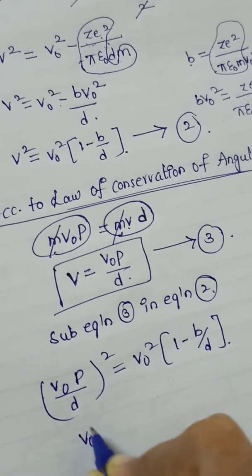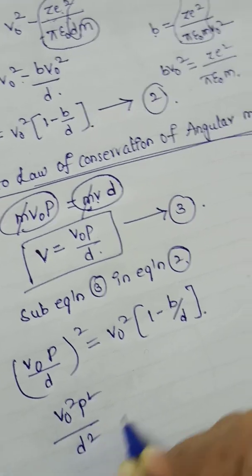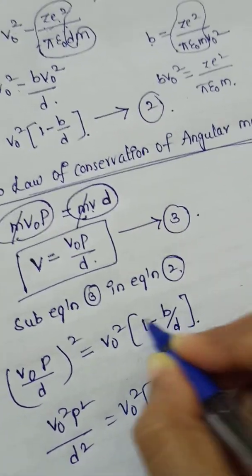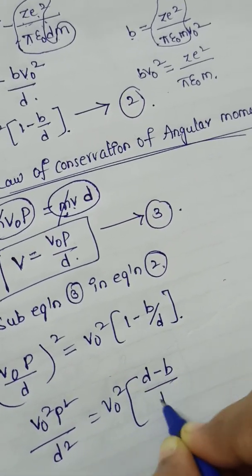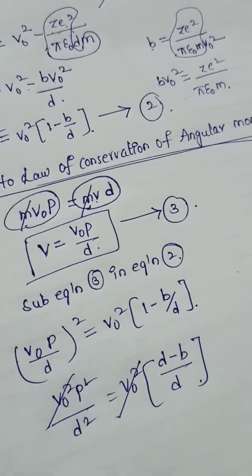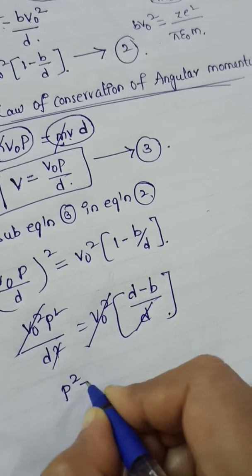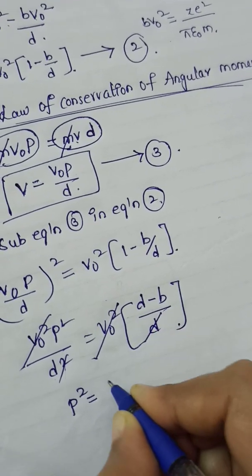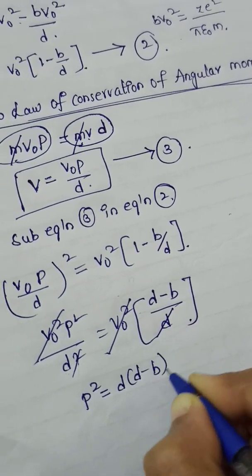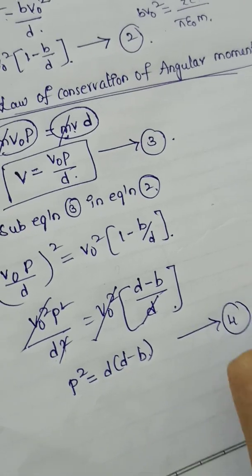Here v naught square p square by d square is equal to v naught square into d minus b by d. v naught square gets cancelled, d gets cancelled. Finally I have p square is equal to d into d minus b, taking d to the right hand side. This is equation number 4.